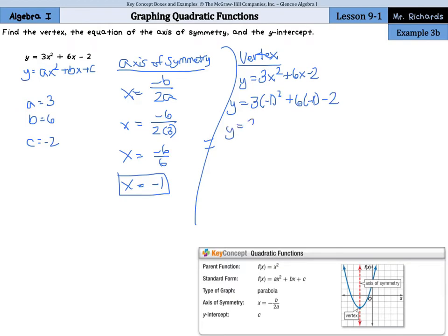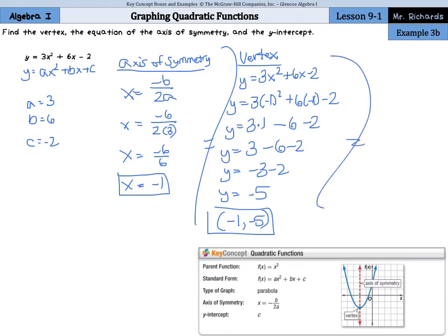So y will equal 3 times 1 minus 6 minus 2. So we'll have 3 minus 6 minus 2, which is negative 3 minus 2, which is negative 5. And so my vertex can be found using the x and the y at negative 1, negative 5.